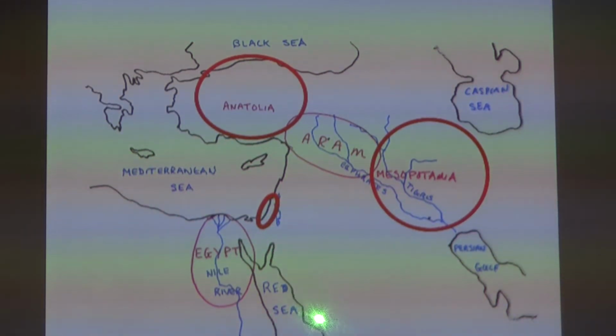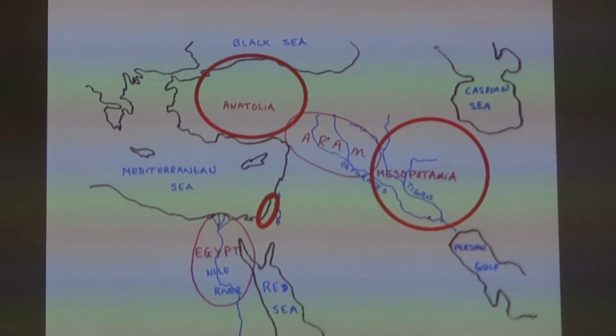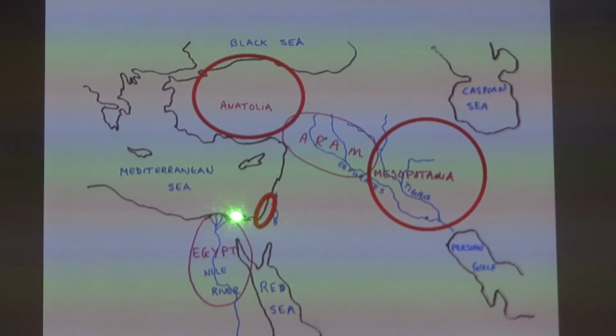Here you have the Great Arabian Desert, another barrier. If you don't have water sources, you're not going to be traveling across it in antiquity, and probably not a whole lot now either. So our major roads, if we were to go back to that previous map, you would see those red road lines are going to be going right through here. This is a land bridge, and it's a land between power circles.